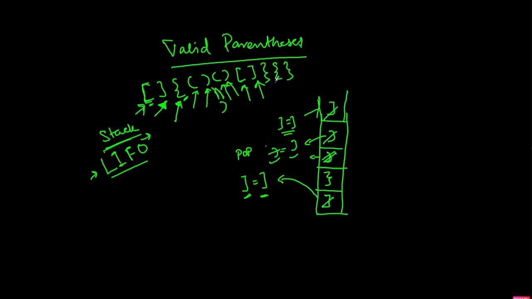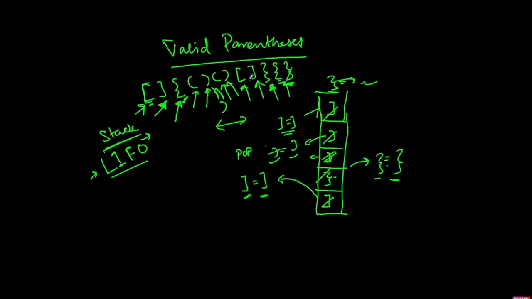Now we get the close parenthesis, so we will pop from the stack, and this matches with this. Similarly for the last one, when we find an open, we push the close, and when we find a close, we pop and match. This is how we are going to solve this problem. This way we can ensure that each open parenthesis has a corresponding close parenthesis at the right place.